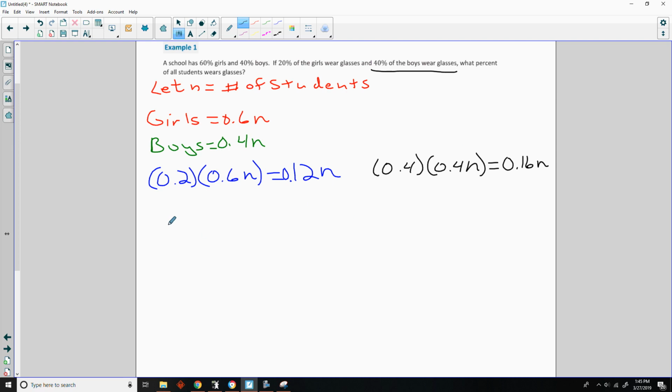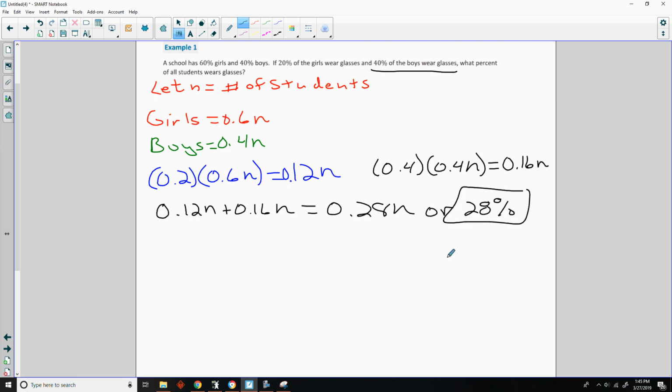So the total number of students that wears glasses is 0.12N plus 0.16N, which equals 0.28N, or 28% of the students. So it says, what percent of all students wear glasses? 28%.